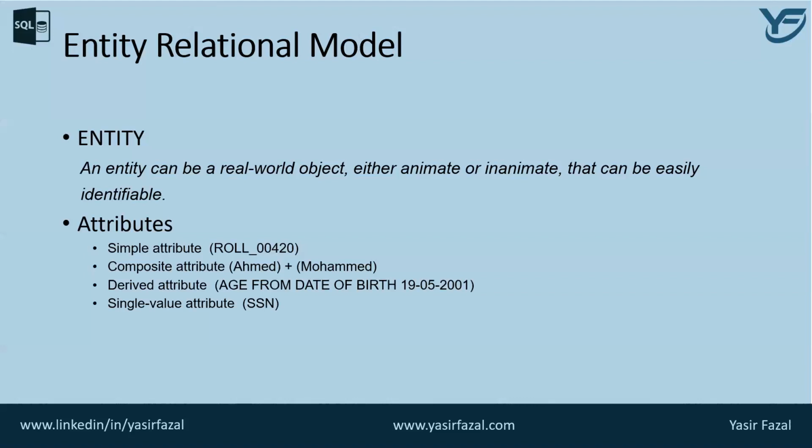Next come single value attributes. A single value attribute contains a single value, for example a social security number or national identification number. But it may or may not be a simple attribute. A simple attribute will always be a single value attribute, but a single value attribute is not necessarily a simple attribute.